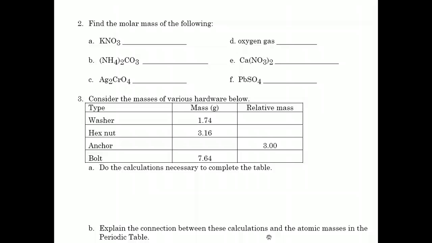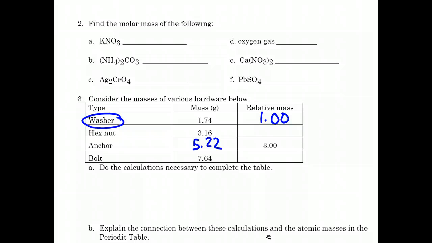Our lightest thing is obviously the washer, and that would have a relative mass of 1. And then if this is 3 times the 1.74, that would be 5.22 grams.